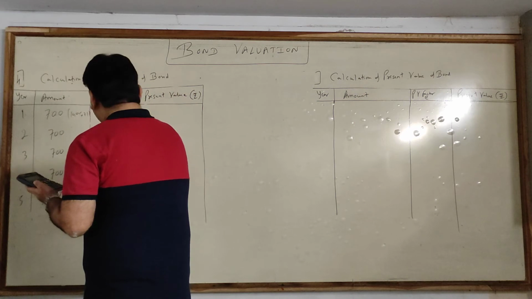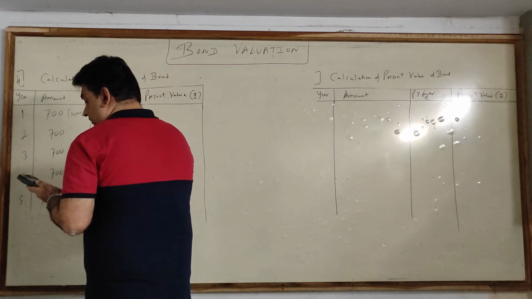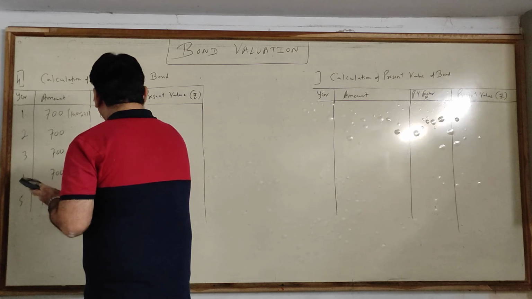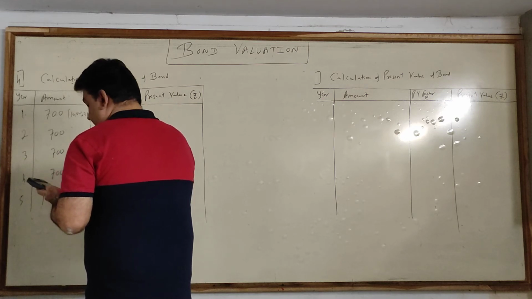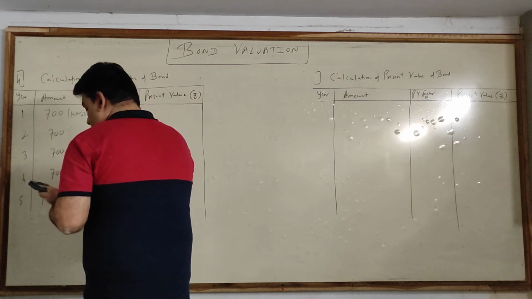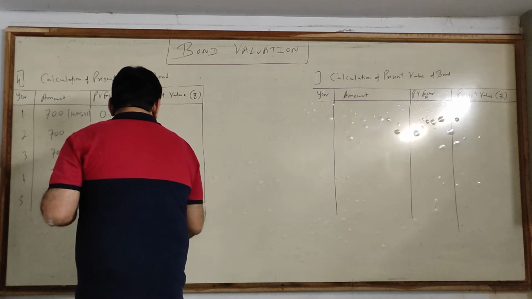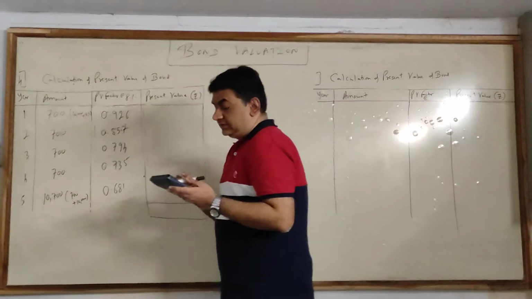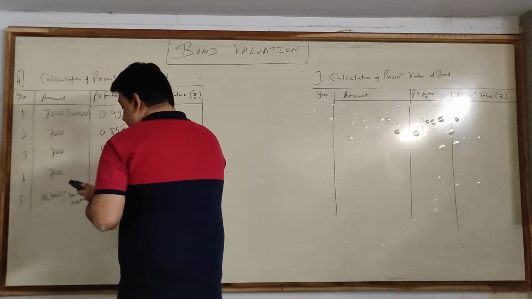Write the factors first. 0.926, 0.857, 0.794, 0.735, and 0.681. Let's take the present value.